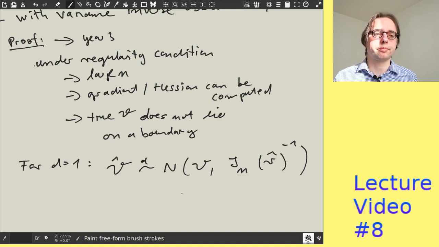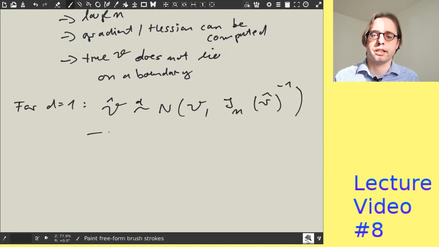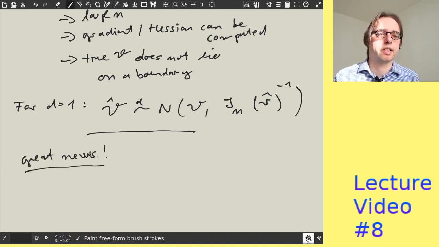So why is this fantastic? This is great news, I mean, it's really great news, because this makes maximum likelihood estimation fully automatic in the following sense.